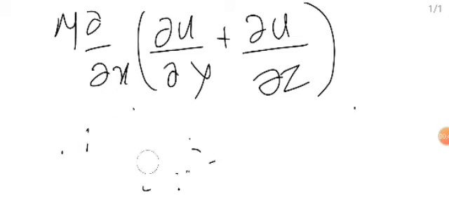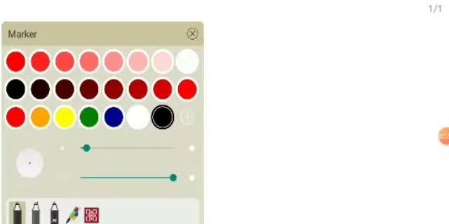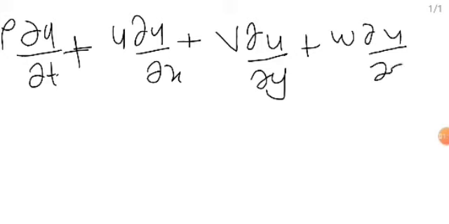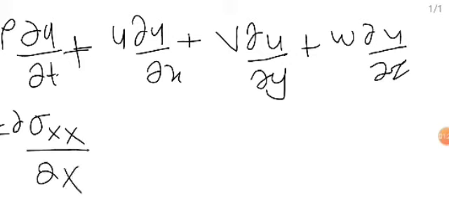So finally the equation will be ρ ∂u/∂t plus u ∂u/∂x plus v ∂u/∂y plus w ∂u/∂z is equal to, now we have that term σxx, ∂σxx/∂x. Now sigma, that stress term, is the normal stress.